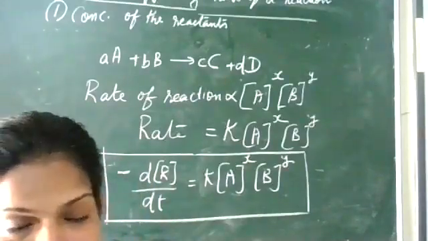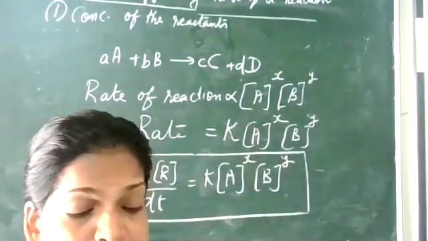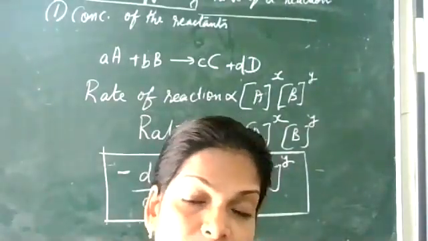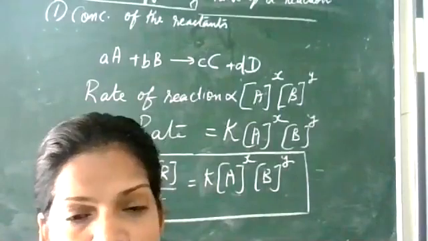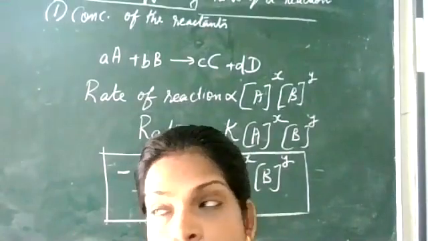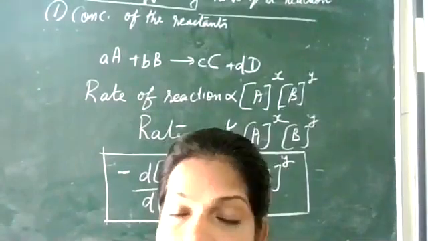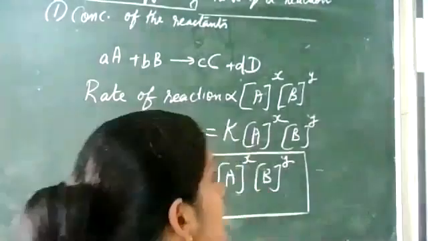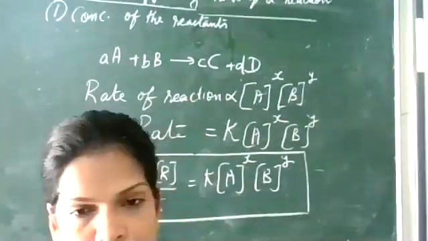X is the order of the reaction with respect to A, and y is the order of the reaction with respect to B. X plus y is called the overall order of the reaction.